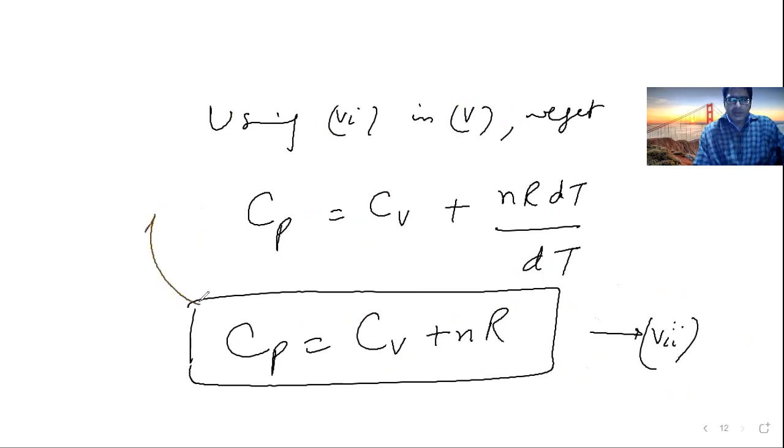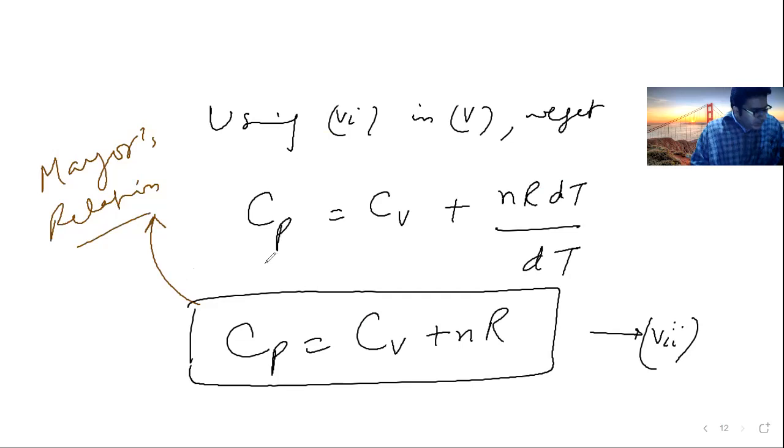This equation has a name. This equation is called Mayer's relation. You need to remember it. This equation is valid only for an ideal gas. And we know all real gases behave like ideal if they are kept at low densities, in other words, when they are kept at low pressures and high temperatures, right?